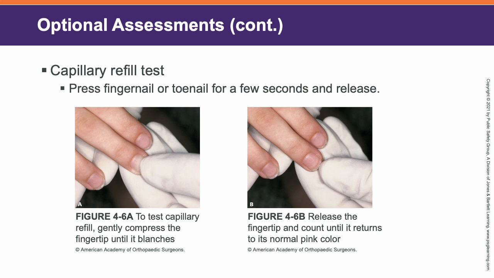And what it will do is, normally our skin is nice and pink, right? When you press on it, it'll go white, and then when you let go, it'll go right back pink. If it takes longer than about a second or two, that usually means that the refill or the blood flow to that extremity or location in the body is compromised in some way, and so we may need to look into that a little bit further.